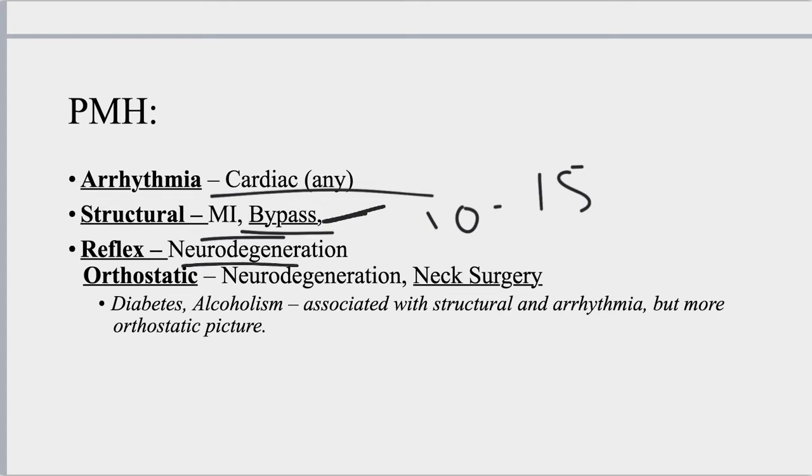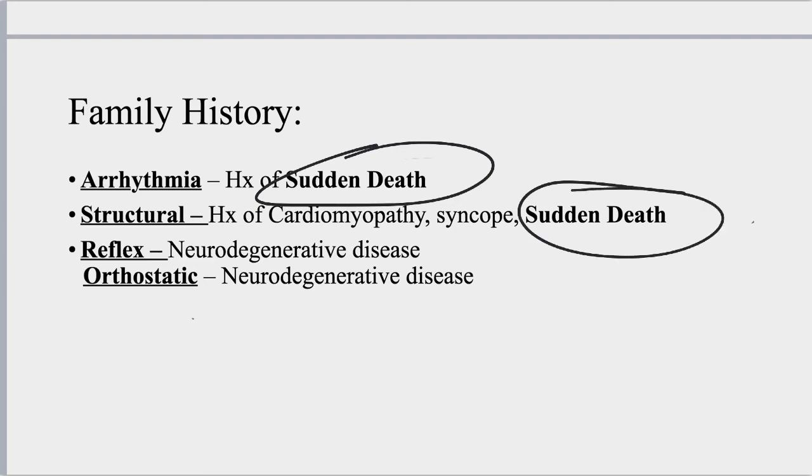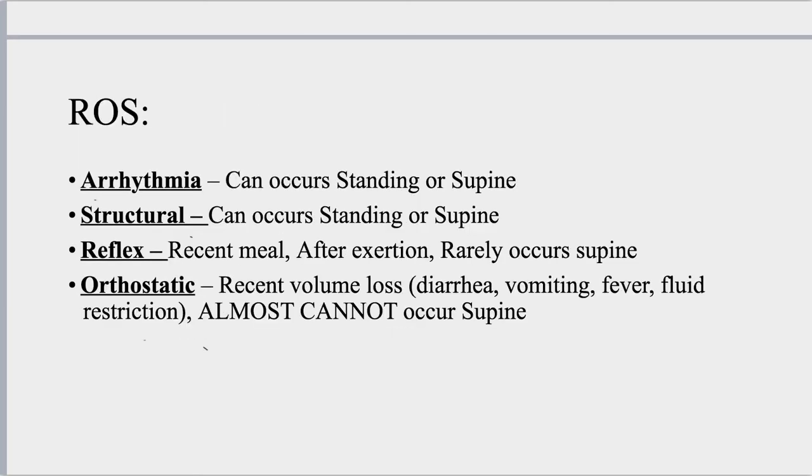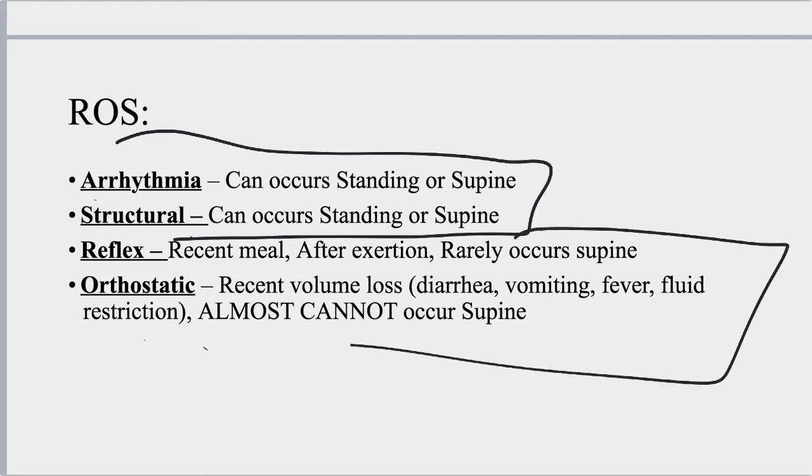For reflex, you'll ask, do you have a history of neurodegeneration? There could be neck surgery for orthostatic. Family history of sudden death or family history of neurodegeneration. Now, in review of systems, the cardiovascular causes can occur standing or supine, whereas the neurologic causes almost always have to be standing or at least sitting up, never while supine.